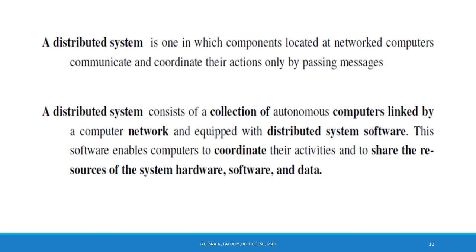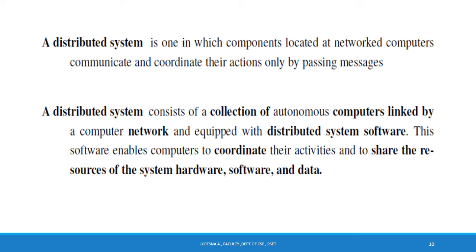Other definitions of distributed system include: a distributed system is one in which components located at networked computers communicate and coordinate their actions only by passing messages. A distributed system is a collection of computing elements, each being able to behave independently of each other.